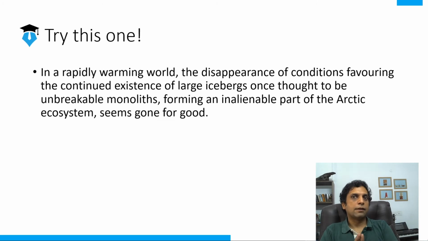Now, this is a tricky one. Why? Because the icebergs were thought to be unbreakable monoliths, and the icebergs were forming an inalienable part of the Arctic ecosystem. So they're both referring to icebergs. You have two modifiers here, both referring to icebergs. One is once thought to be unbreakable monoliths, one is forming an inalienable part of the Arctic ecosystem.